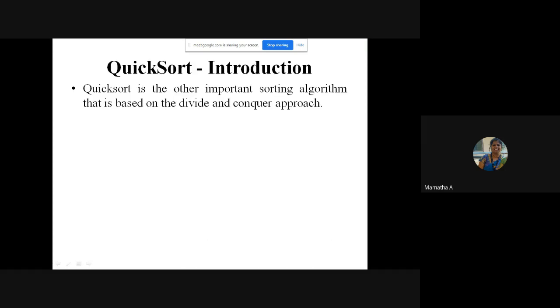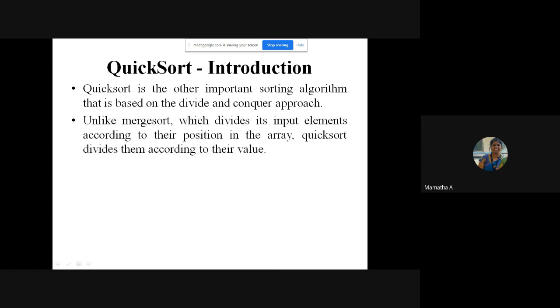As I told you, it is a divide and conquer approach to a sorting problem. And as I told you in the last class also, unlike merge sort, quicksort doesn't divide the input elements based on their position, but it divides them based on their value.